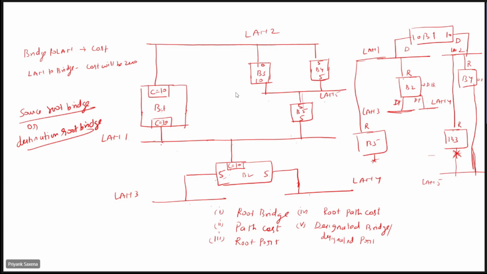From LAN 2, which bridge? Then bridge 4. 10 and 5, 15. Okay, so there can be a tie also. Suppose you take this route. So from bridge B1, if I am going to LAN 5, it is 15, or if I use B3, 10 plus 10, 20, right? So this is 20.